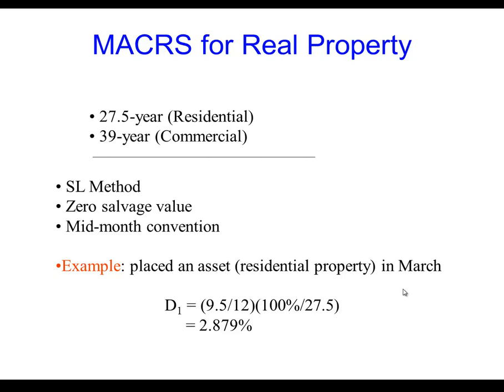For example, if we have a residential property placed in March, then we calculate the number of months left from mid-March, that is 9.5 months out of 12 months. And that will be multiplied by the straight line percentage divided by 27.5 years, and that's the lifespan that is assigned for this type of property. So the recovery percentage will equal 2.879% at that point.